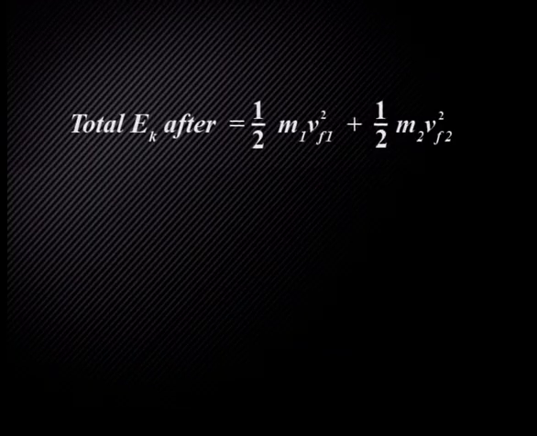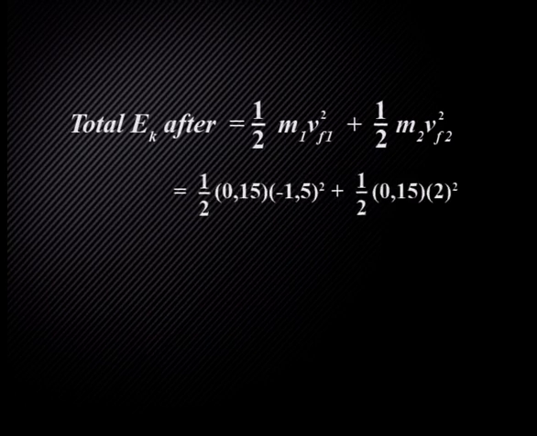The total kinetic energy after the collision is equal to a half times ball 1's mass times its final velocity squared plus a half times ball 2's mass times ball 2's final velocity squared. Therefore, we have a half times 0.15 times negative 1.5 squared plus a half times 0.15 times 2 squared.